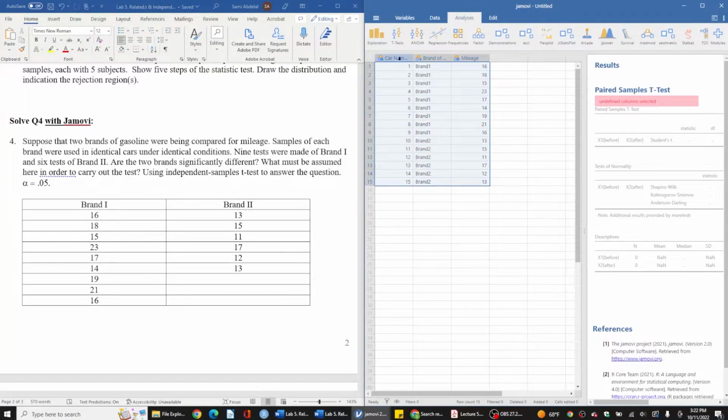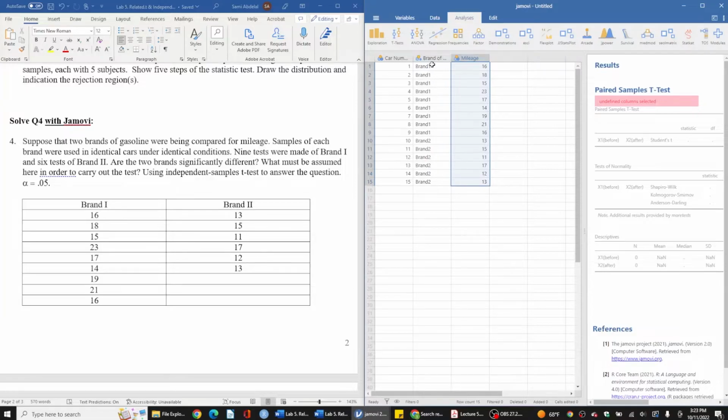So what I've done here is pretty straightforward. I put the car number, so within each brand, there's a car being surveyed or measured, and then you have to put the brand name here, so it identifies as brand 1 or 2, and then their mileage.